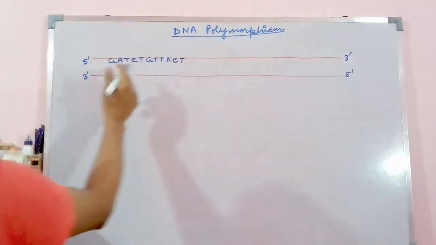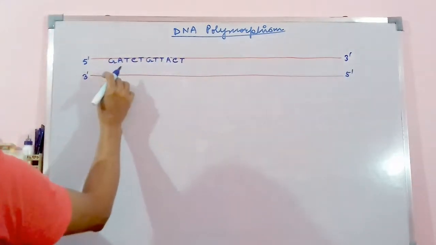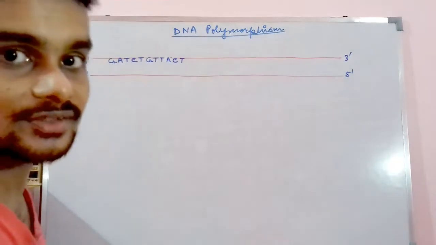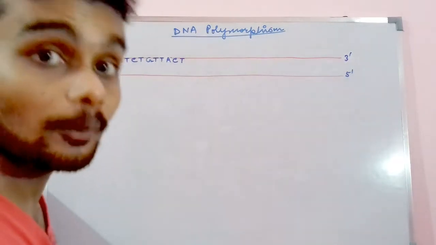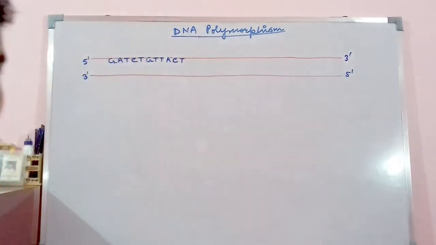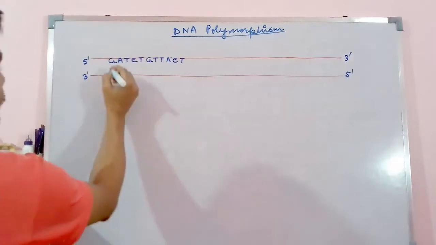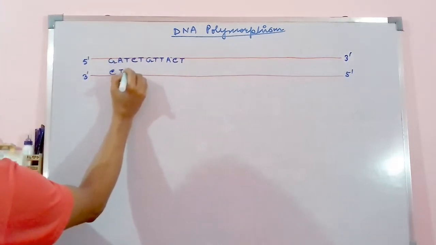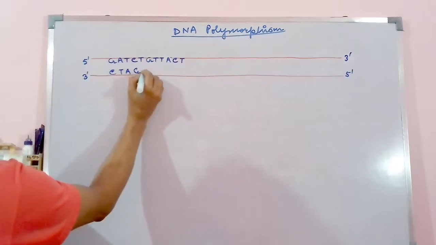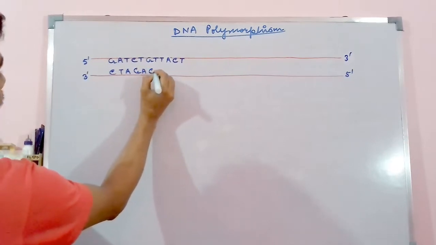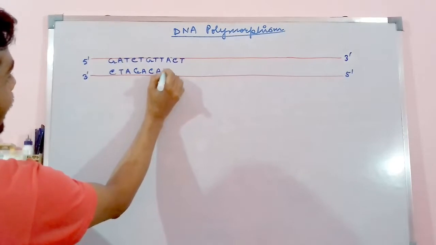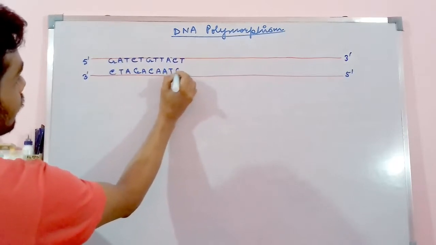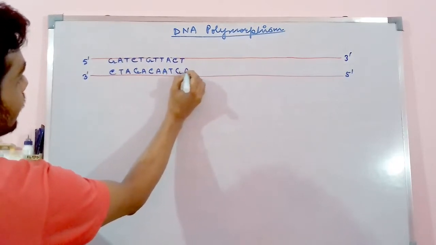Now, we know that the antisense strand is always complementary, so it will have the opposite nucleotide as per the base pairing rule. Here guanine will pair with cytosine, adenine will pair with thymine, thymine will pair with adenine, and so on.